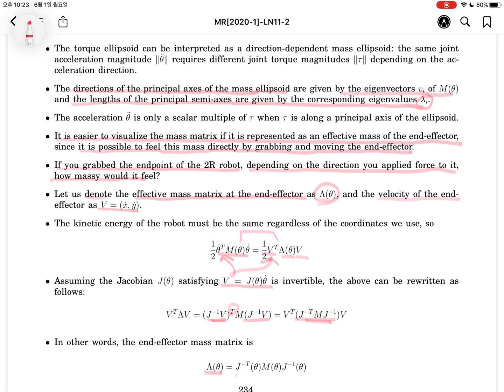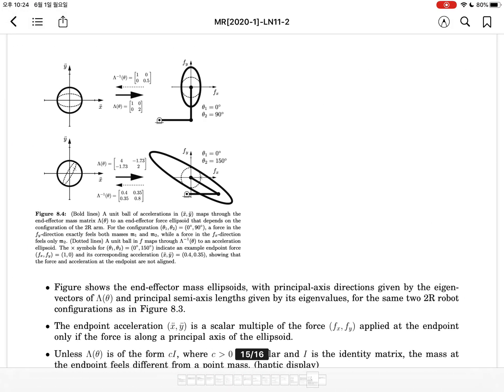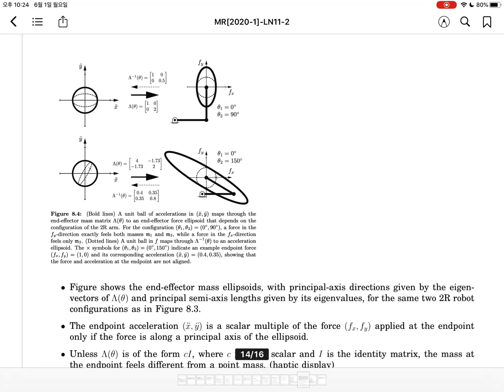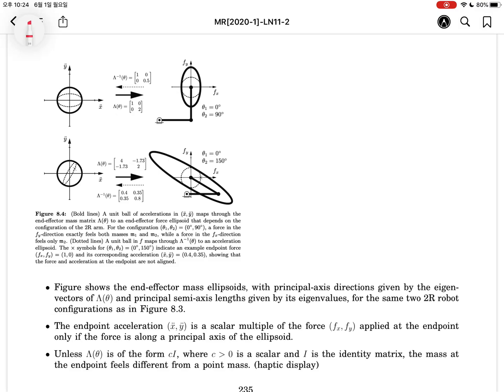So the end effector inertia is obtained: lambda equals J inverse transpose M J inverse. If you know the Jacobian and the joint inertia matrix, then lambda can be calculated using a simple calculation like this.